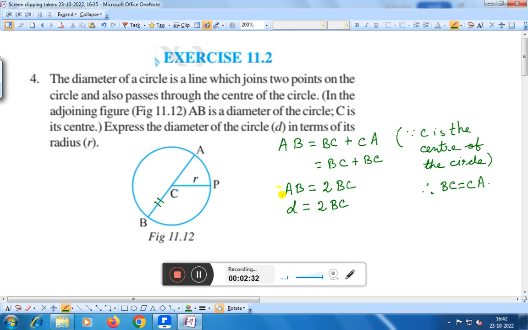Therefore, you can say that D, or diameter, is equal to 2R, or you can say diameter is equal to twice of radius, or 2 into radius.